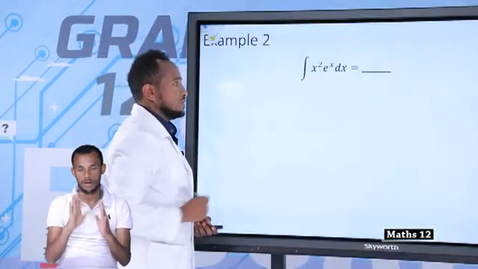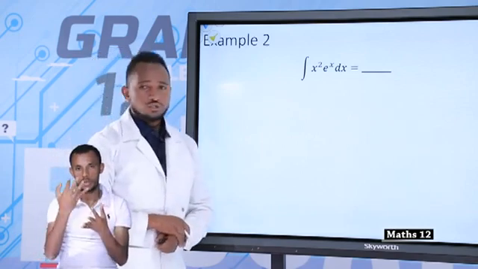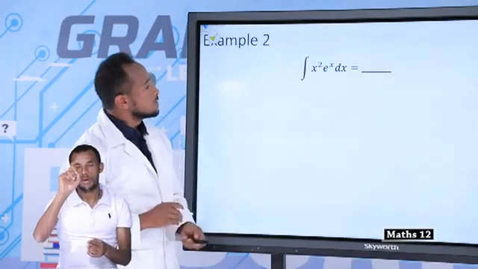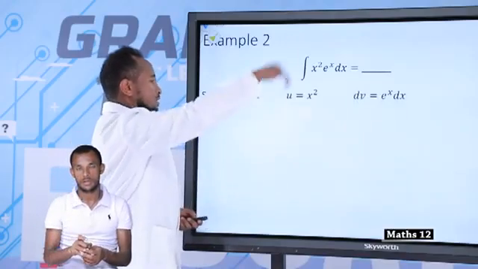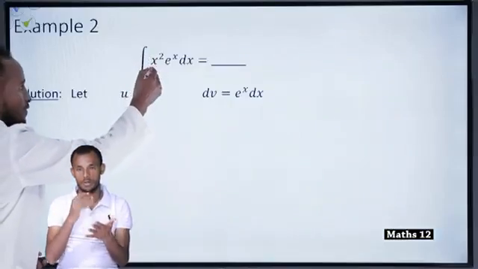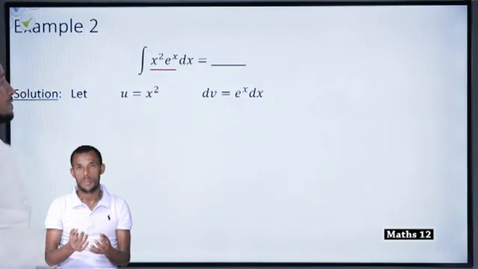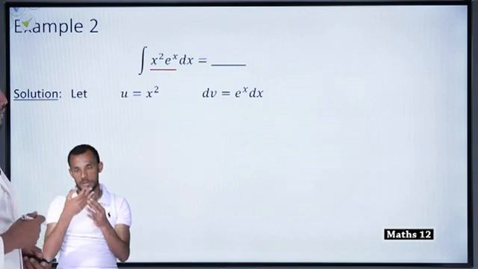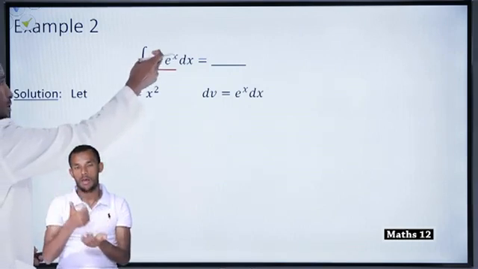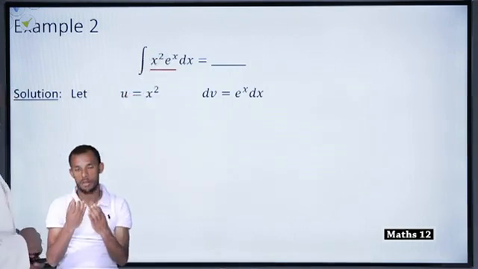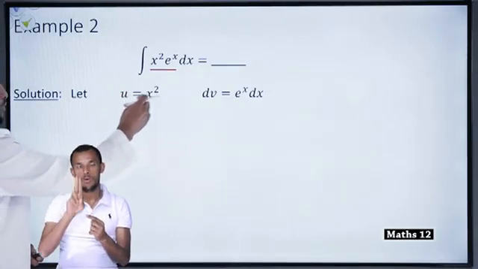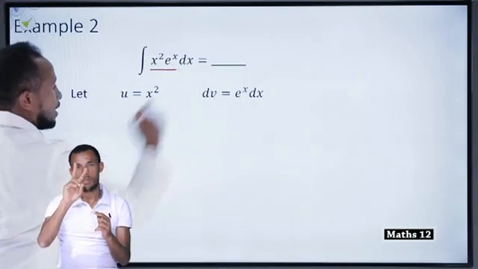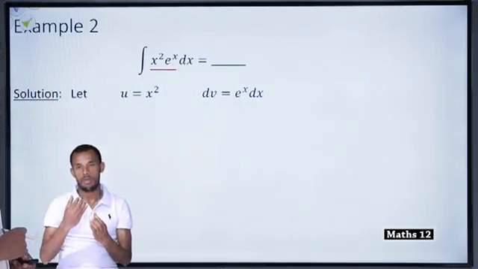Now let's try to integrate this expression x squared times e raised to x dx. So now this is polynomial times exponential, as we stated earlier in the guideline. Using that, assume the polynomial part to be u, therefore u is x squared, and dv the other part is e raised to x dx.